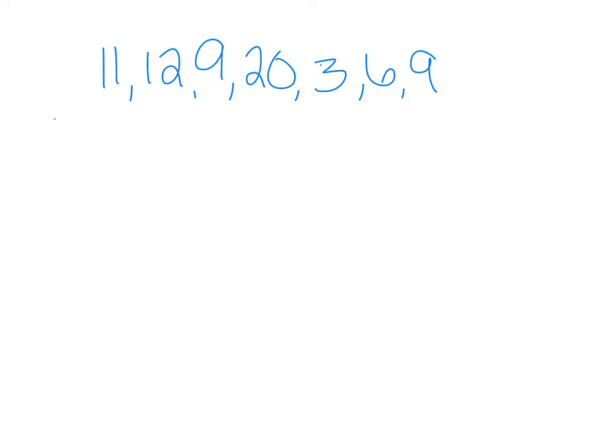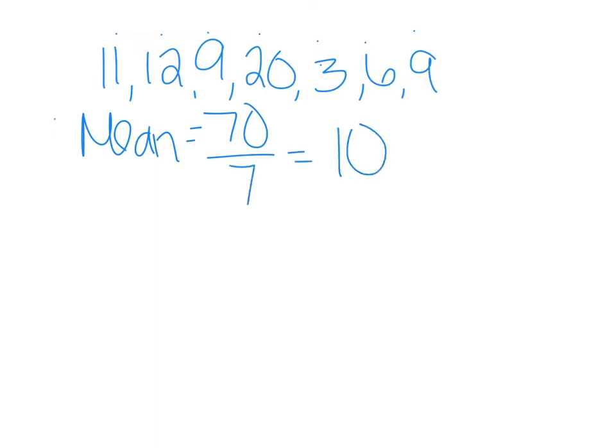So this is for the mean. Then you count how many numbers there are. 1, 2, 3, 4, 5, 6, 7. So you're going to divide by 7, and that gives you 10. You can use a calculator for this. So 70 divided by 7 gives you 10. So the average is 10.